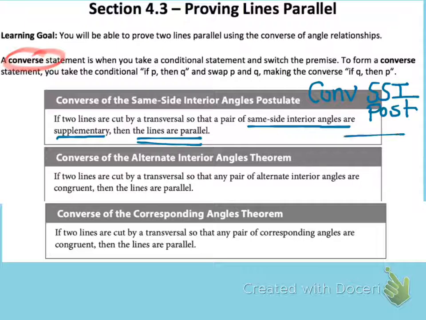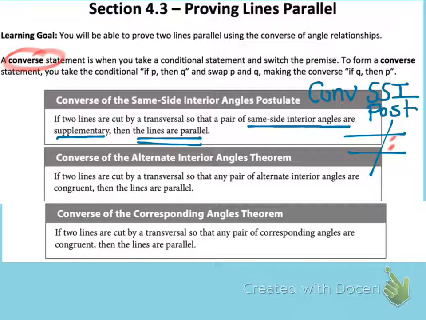So if we find out that the same side interiors, like these that I'm highlighting right here, add up to 180 degrees, then we know that the lines have to be parallel. So we meet the premise: if they're supplementary and they're same side interiors, then we can conclude the lines must be parallel.